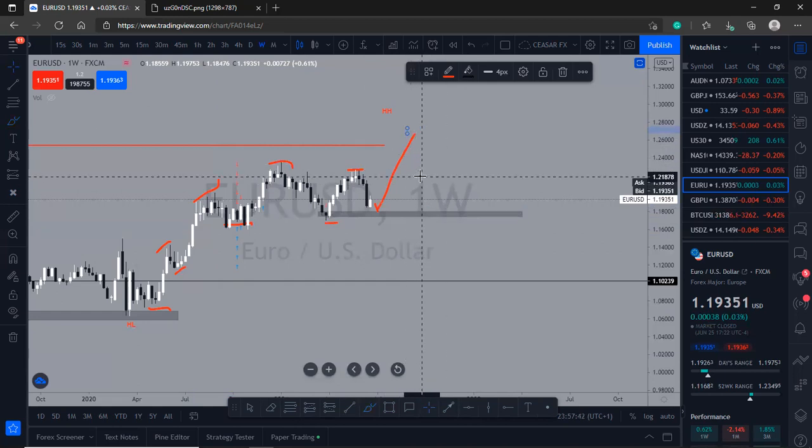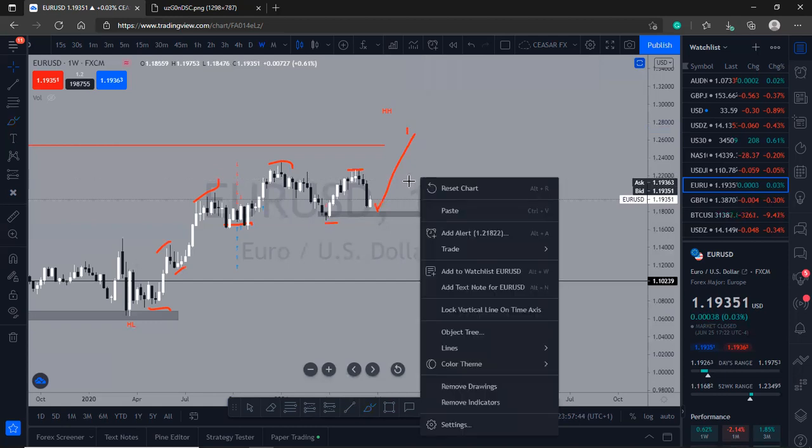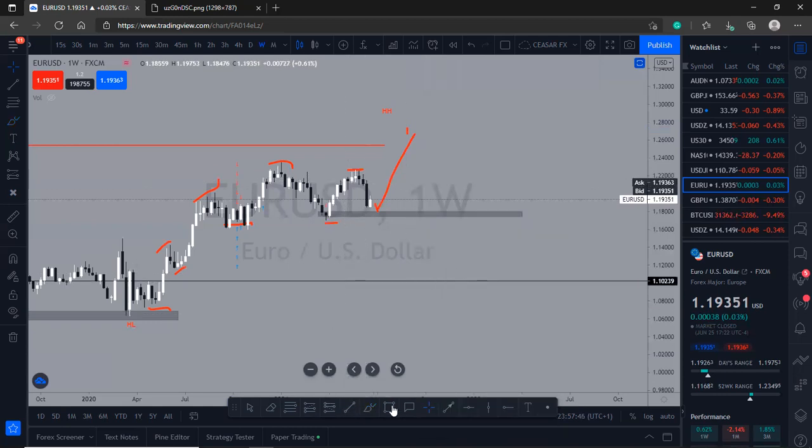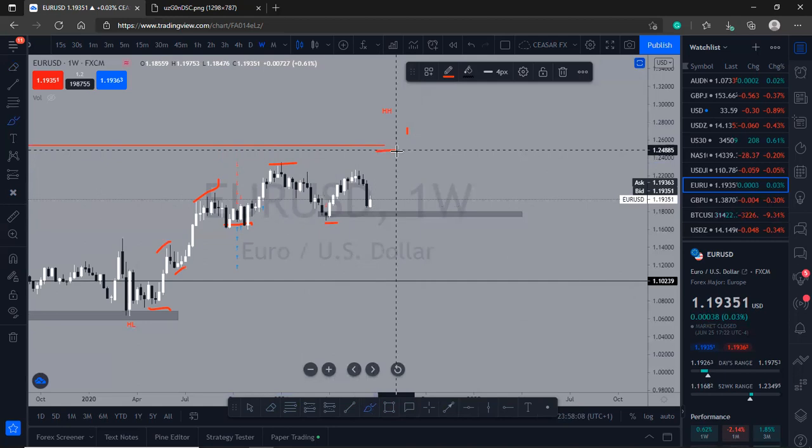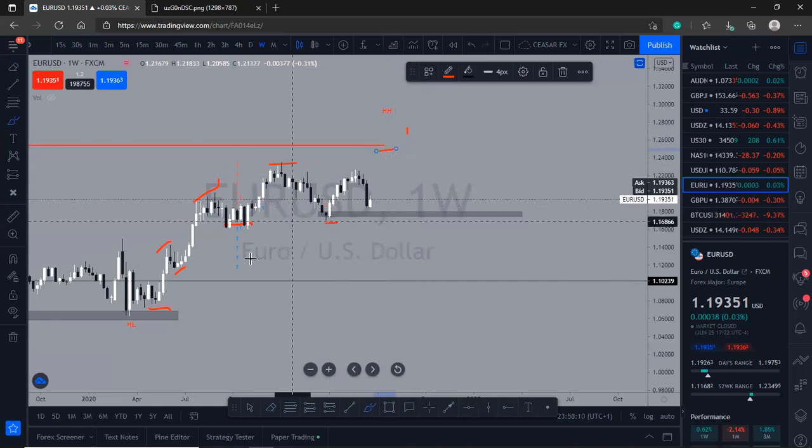So let's quickly go to daily time frame and see what is happening. Now we're waiting for the new higher high according to this minor structure.